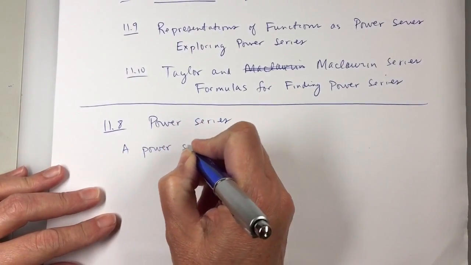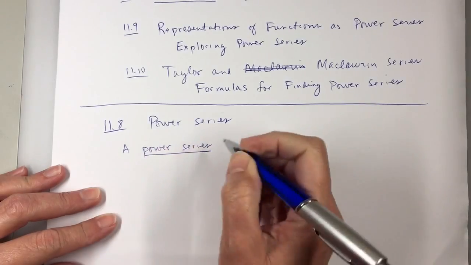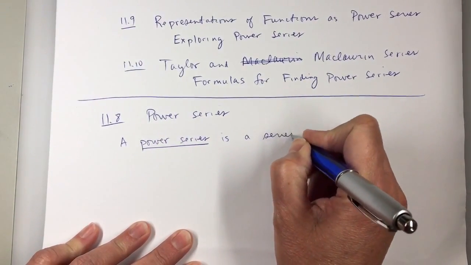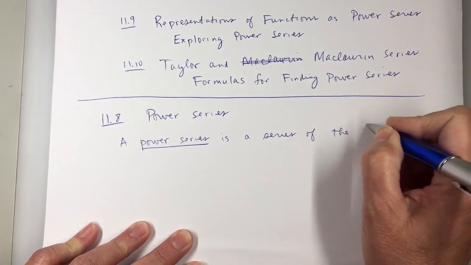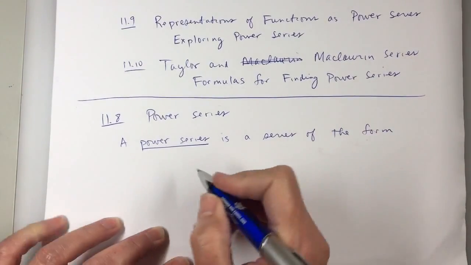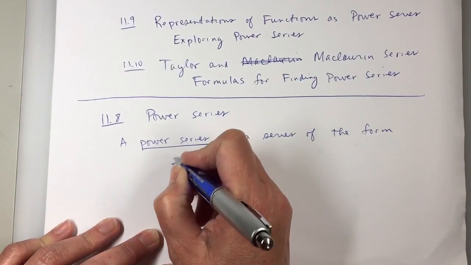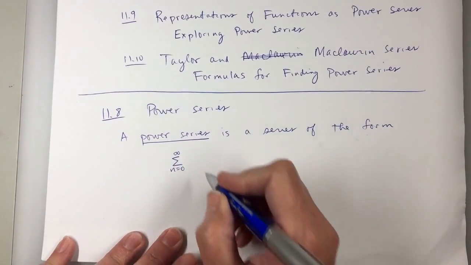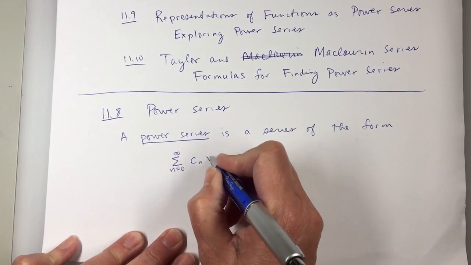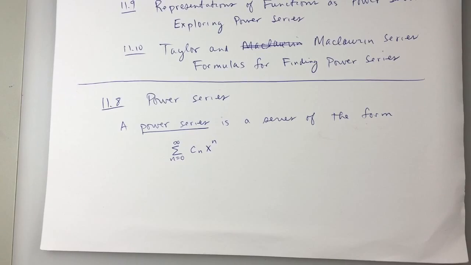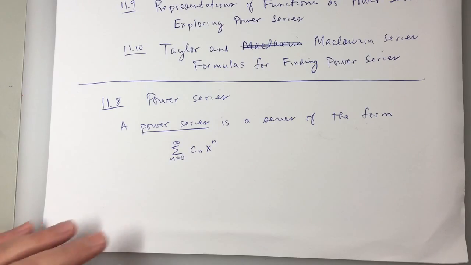A power series is a series of the form, so the sum as n goes from 0 to infinity of c sub n times x to the n. C sub n, that is a coefficient, and x sub n, x raised to some power.